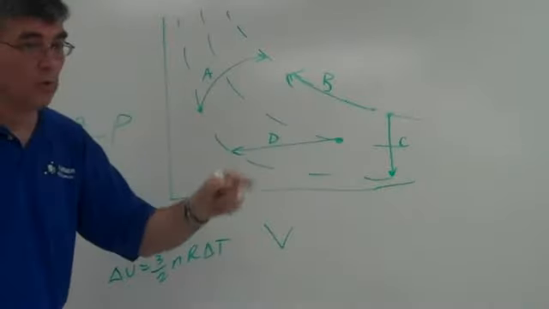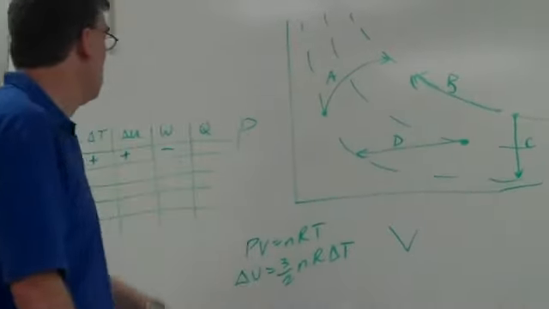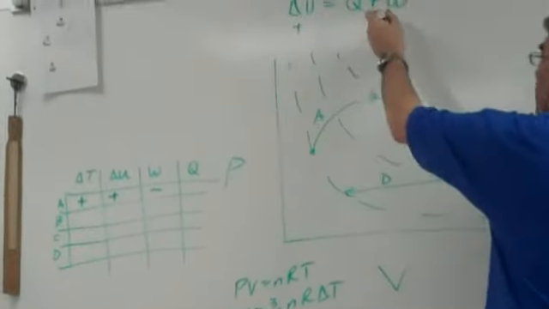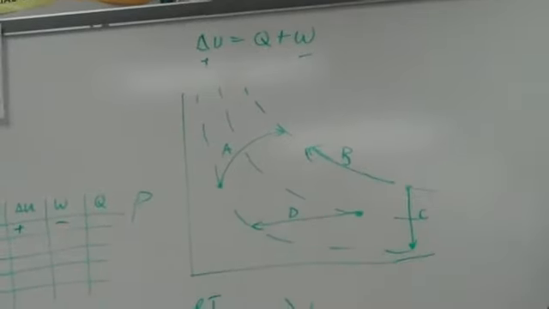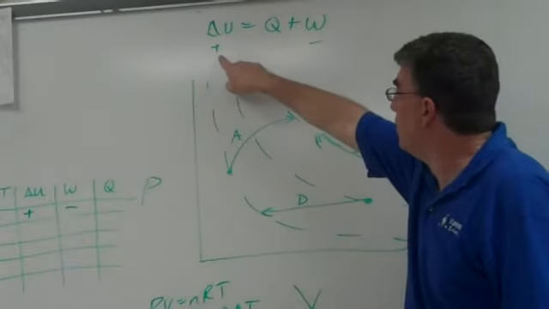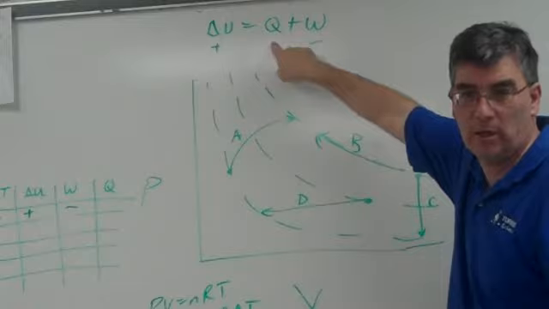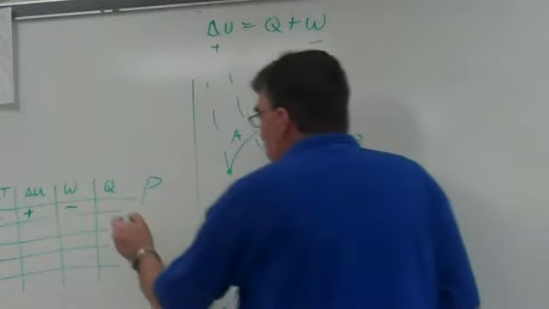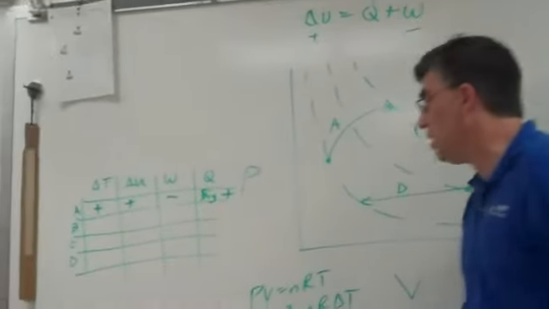And if it's doing work, it's losing energy, so W is negative. If delta U is positive and W is negative, then what's Q going to be? It has to be positive, because this plus a negative has to equal a positive. In fact, it's got to be a big positive, so I'm going to write a big positive right there.